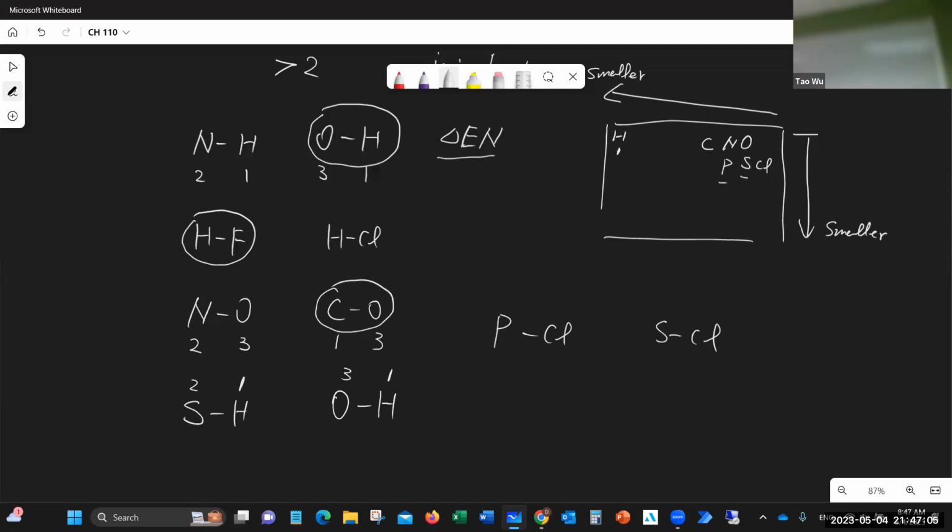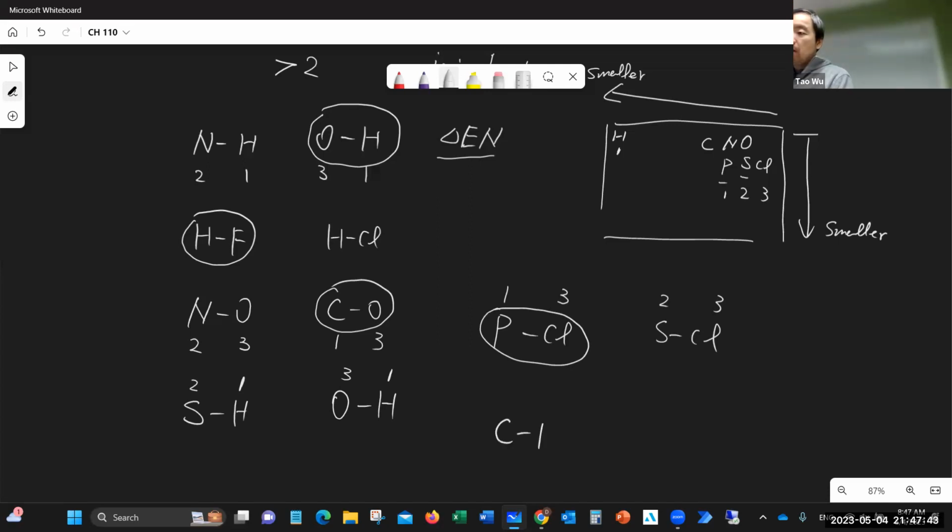They determine and separate the two directions: the left side has the smallest, the right side has the biggest. So phosphorus should be the smallest between phosphorus, sulfur, and chlorine, right? So you can assume phosphorus is just 1, sulfur is 2, chlorine 3. And if you put over here, this is 1, 3, this is 2, 3. So which one has the bigger difference? Obviously, this one has the bigger difference. Make sense, right?